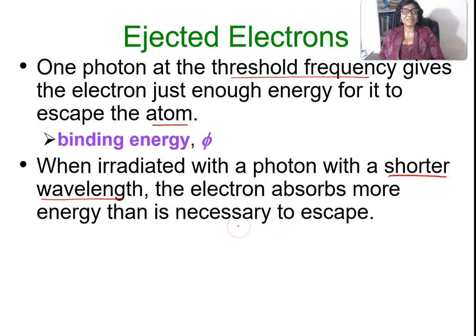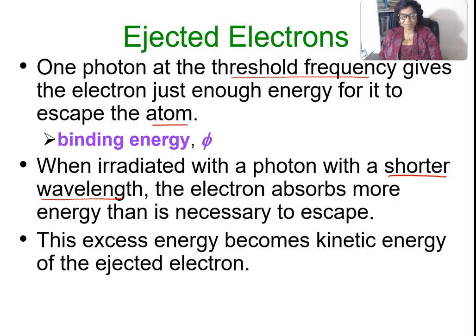So when this atom is irradiated, you send radiation to it which has shorter wavelength, more energy. The electron will absorb more energy than is necessary. So this excess energy becomes kinetic energy of ejecting the electron out of the atom.